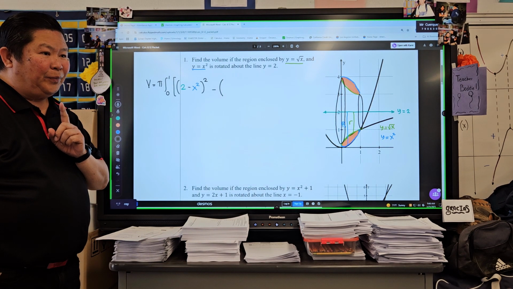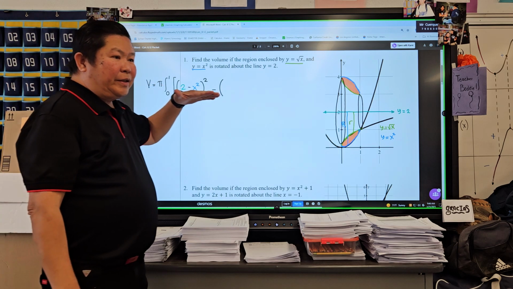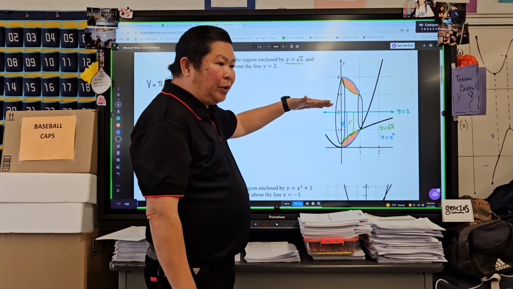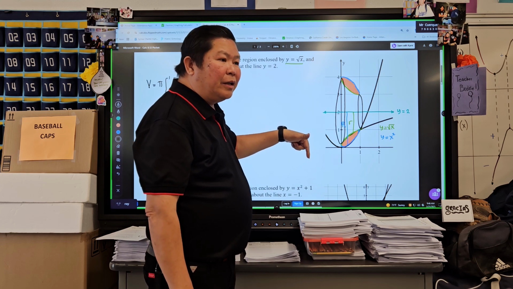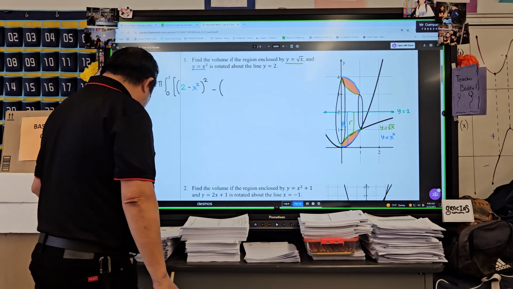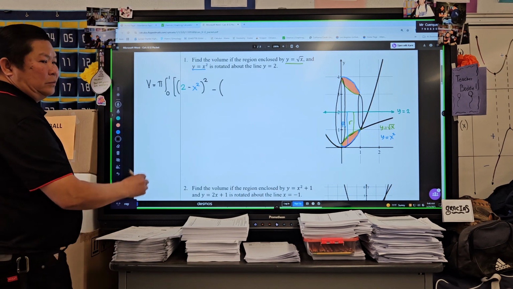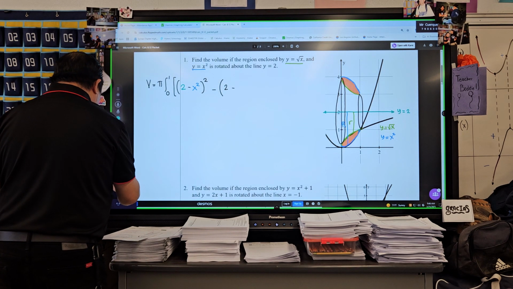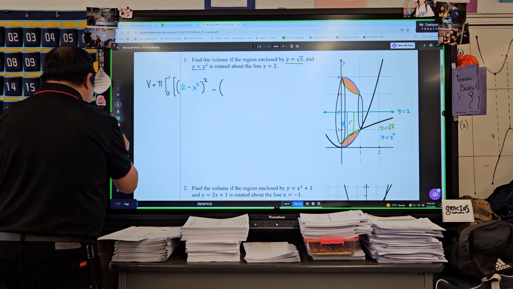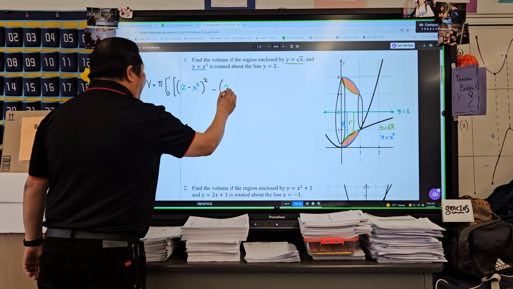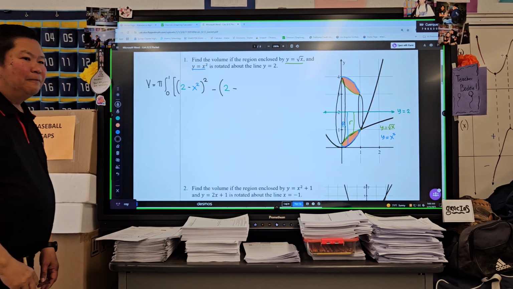So what is the upper curve in this case? The aqua is the upper, and the lower curve is the green. So how do we write it now? 2 minus, oops, as I said, color coding. Sorry guys. So 2 minus what?